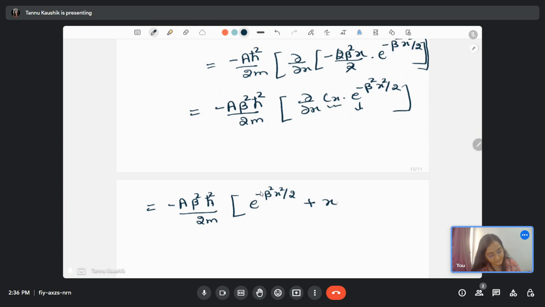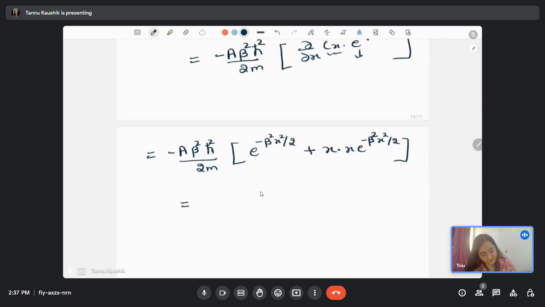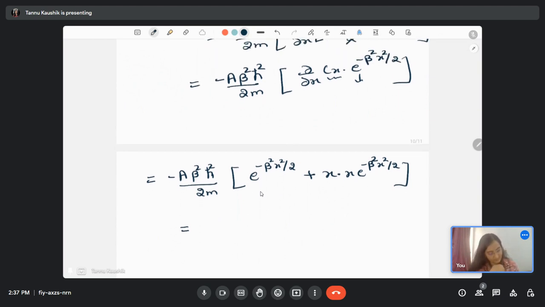We will get e raised to minus beta square x square by 2. Then keeping x constant, we will differentiate this e raised to minus beta square x square by 2, and we will again get x into x e raised to minus beta square x square by 2.